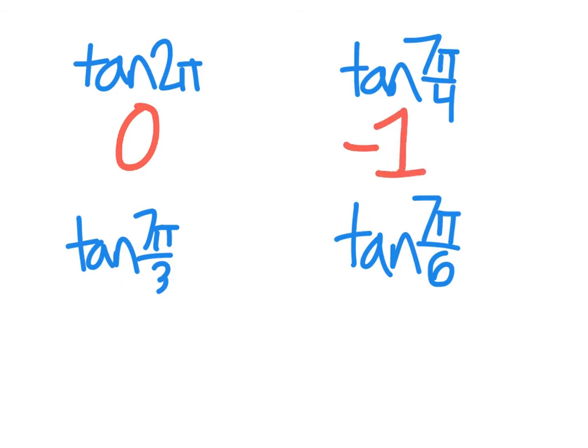For tan of 7 pi over 3, this one's a little bit more tricky because you first have to figure out where it is on the unit circle. So 7 pi over 3 is going to be greater than 2 pi, because 2 pi is equal to 6 pi over 3. So you subtract 2 pi from 7 pi over 3. That would get you a reference angle of pi over 3. Thus, you know that the point here is (1/2, square root 3 over 2).